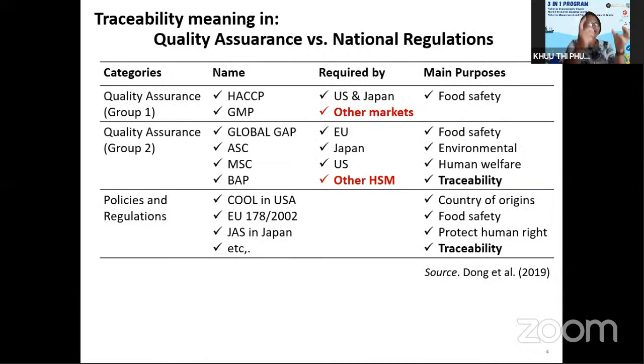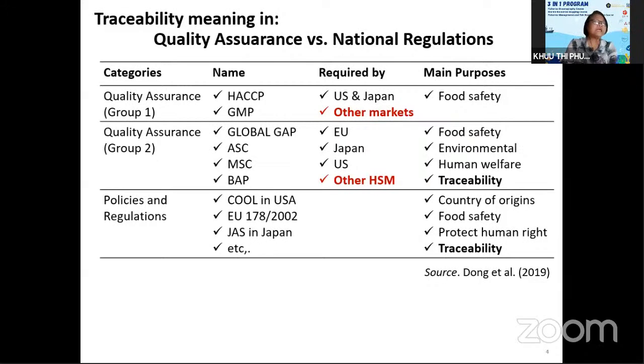Like last week, we talked about food safety and laws from developed countries or high-standard markets. We can see the traceability requirements from those countries in their national laws, like in the US, country of origin laws.